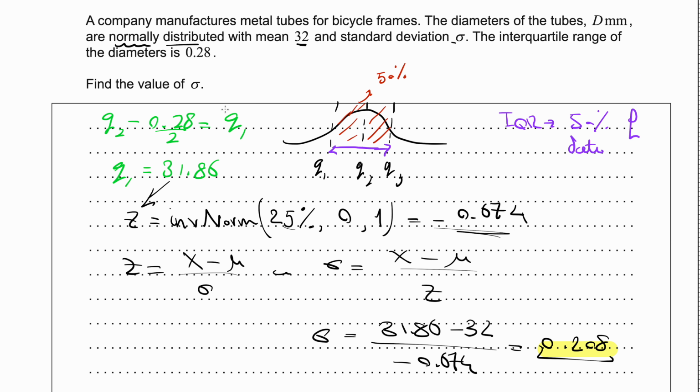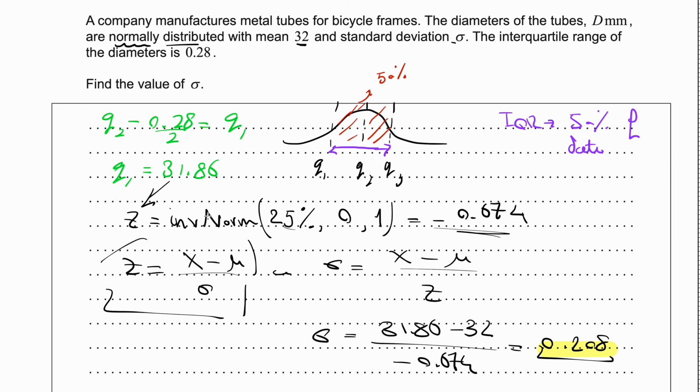I'd like to add, perhaps you're wondering why we use the inverse normal of 25% with 0 and 1. Well, for any distribution that is normally distributed, the z-score can be calculated using this equation right here.